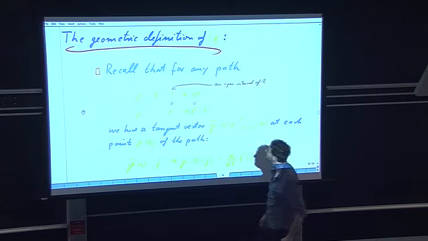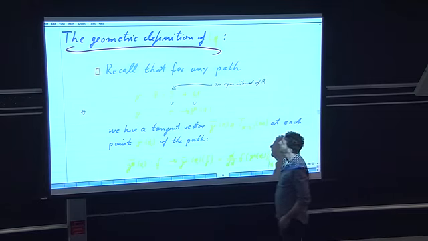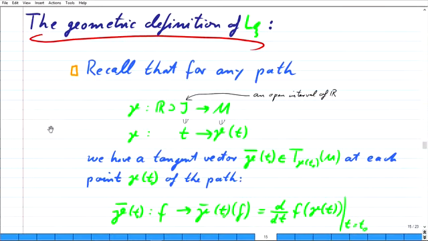Here's a geometric definition then of the Lie derivative. Remember the geometric definition of directional derivative, the geometric definition of a tangent vector. If gamma is a path in the manifold, so gamma is mapping real numbers like a time variable inside some interval into the manifold. So t is the time on your trip, and gamma is your position on the manifold.